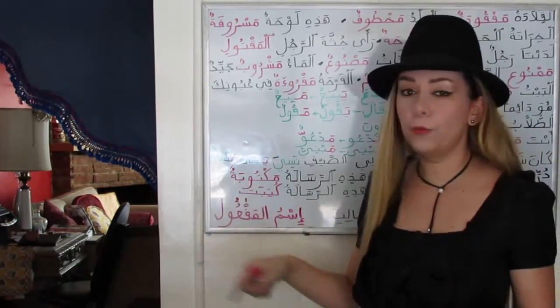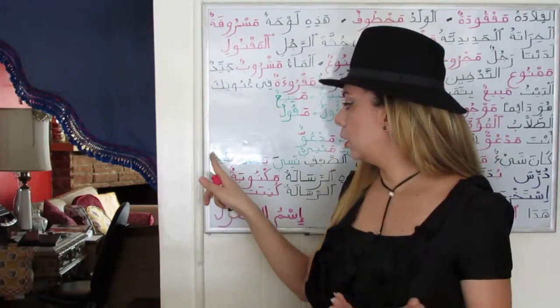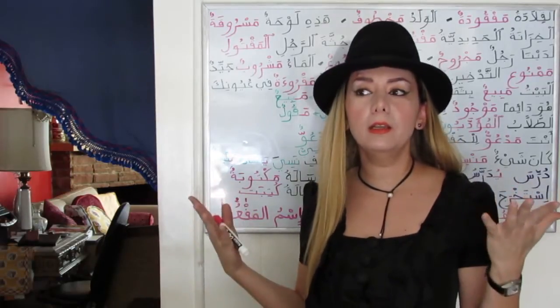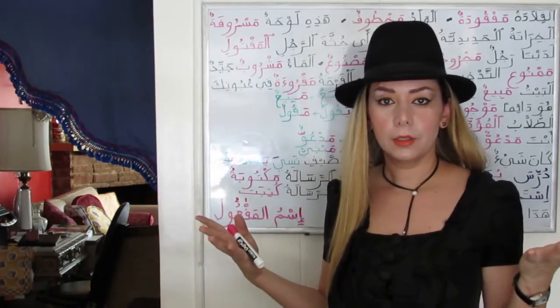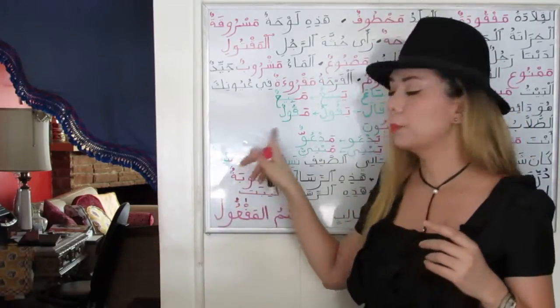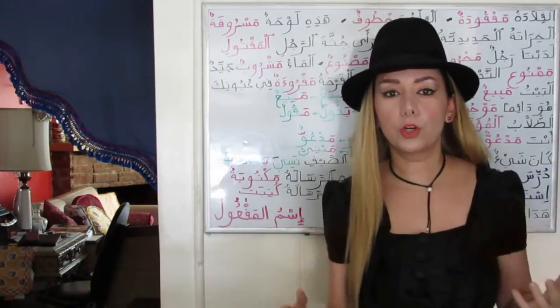Why? Because if we top the shortened alif with the shadda, you won't have any sound. Because this is meant to just elongate the sound of the preceding consonants. That's why we brought back the ya. منسي, forgotten.